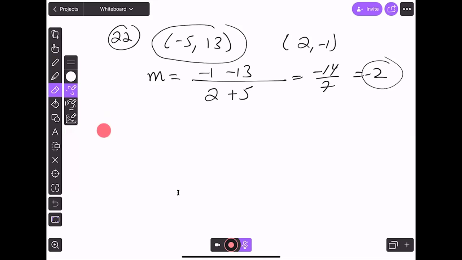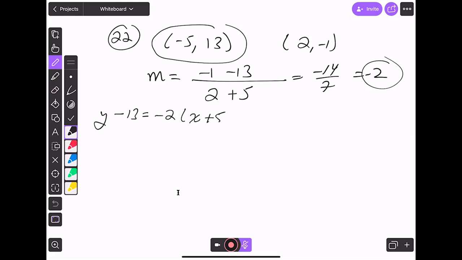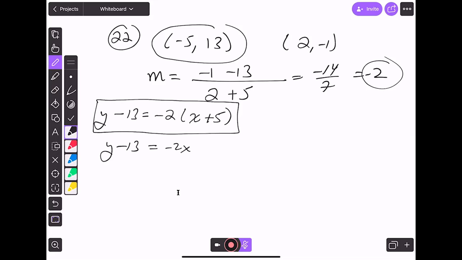What do you get? y minus 13 equals minus 2 times x minus 5, which is plus 5. That's a good answer. I'm also going to solve for y. Add 13 to both sides.